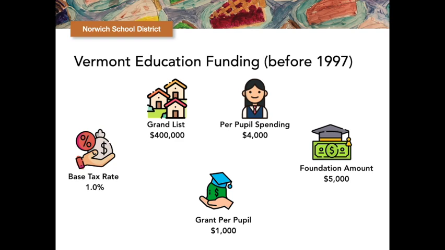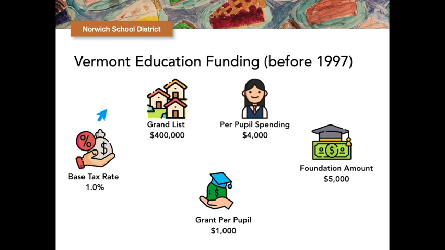Let's see an example so that this makes more sense. The fictitious Smallville, Vermont. Smallville is very simple. It has a single school with one student, and the town has only one house valued at $400,000.